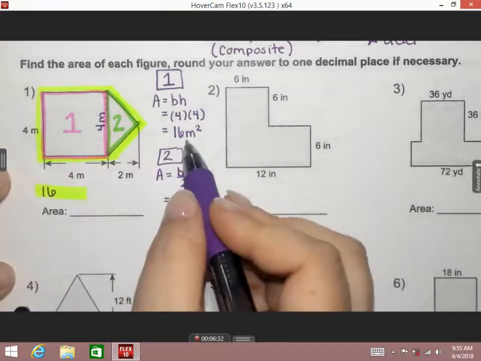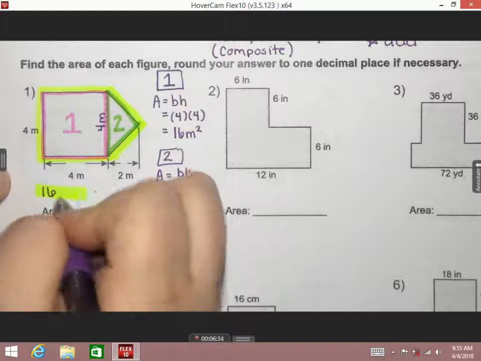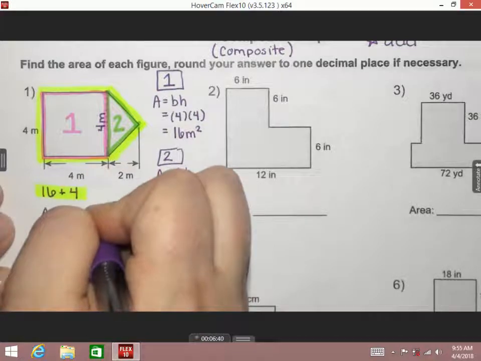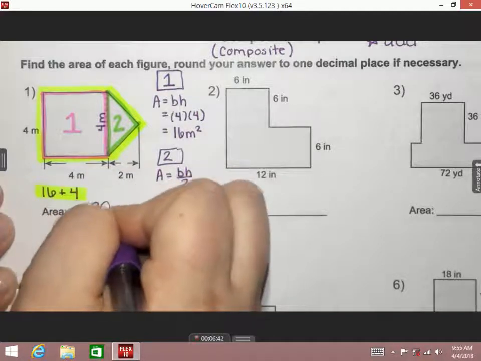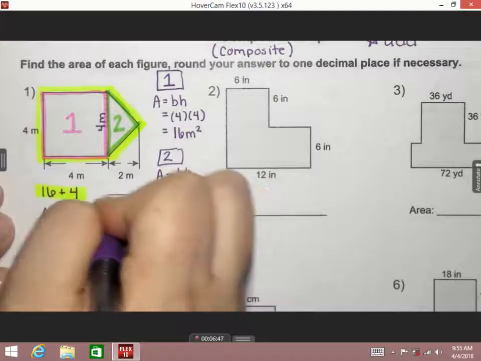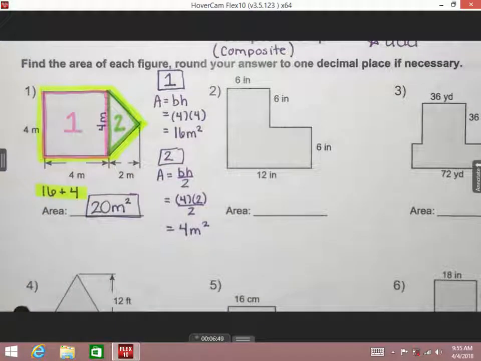So we're going to take our 16 from shape 1, and we're going to take our 4 from shape 2 and add them. And when I add them, what does that give me, Ethan? 20 what? Meters squared. M squared, meter squared, whatever. I'm okay with that. All right. As long as we don't call them miles, we're good.